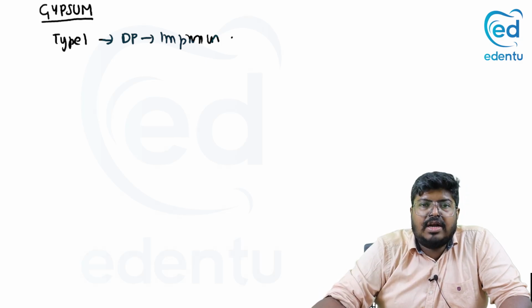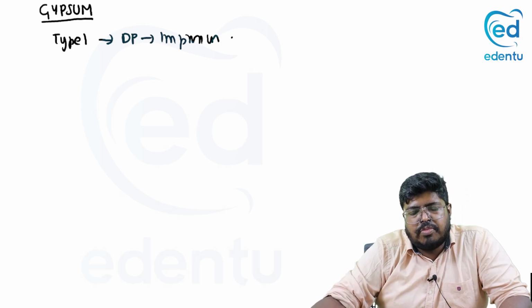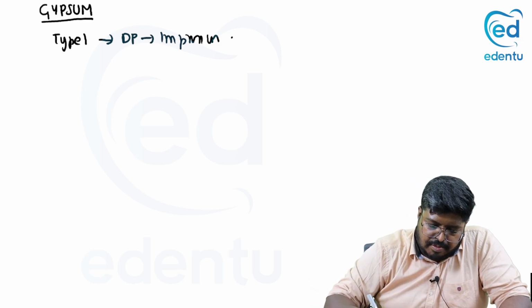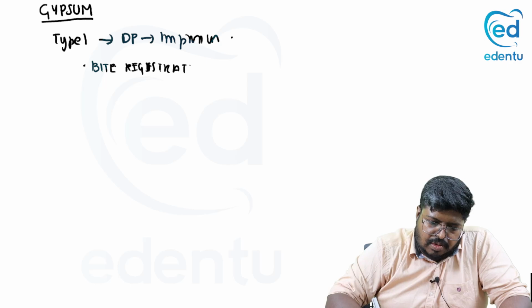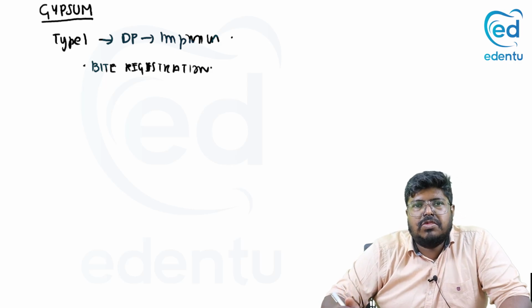Currently, the only possible use of impression dental plaster is for bite registration. So sometimes you can use it for that.